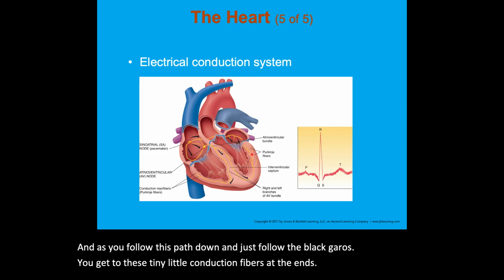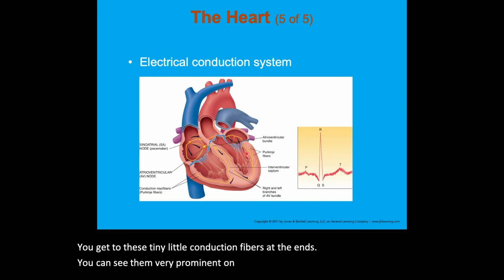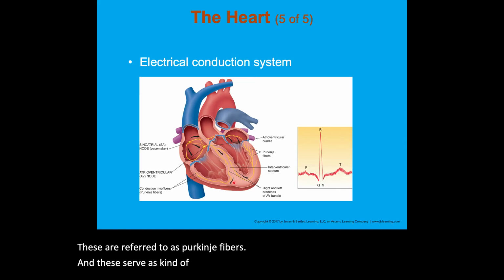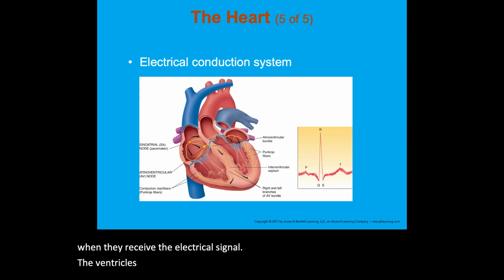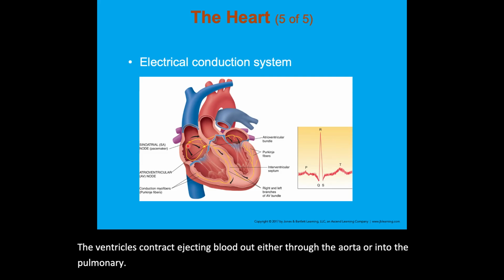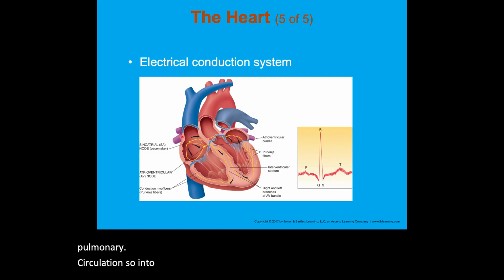And you can see them very prominently on the left side here. These are referred to as Purkinje fibers. And these serve as kind of a netting that surrounds the ventricles even more. And when they receive the electrical signal, the ventricles contract, ejecting blood out either through the aorta or into the pulmonary circulation, so into our pulmonary arteries.